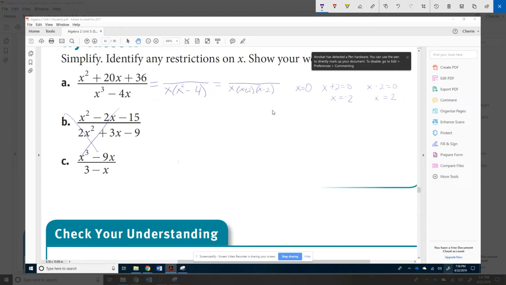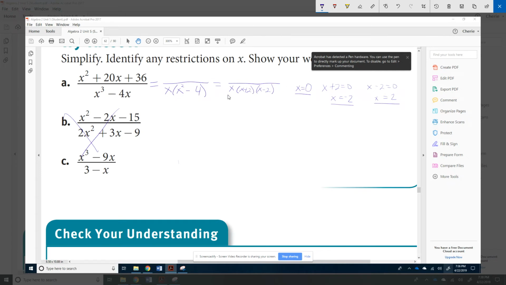Now, this is where it gets interesting, because what happens when you have 0 in the denominator of a fraction? Well, it's undefined. You can't divide something by 0. So each one of these numbers right here is the value of x that will cause our denominator to be undefined. So for every one of these places that we found the denominator to be 0, that's where our domain cannot go.